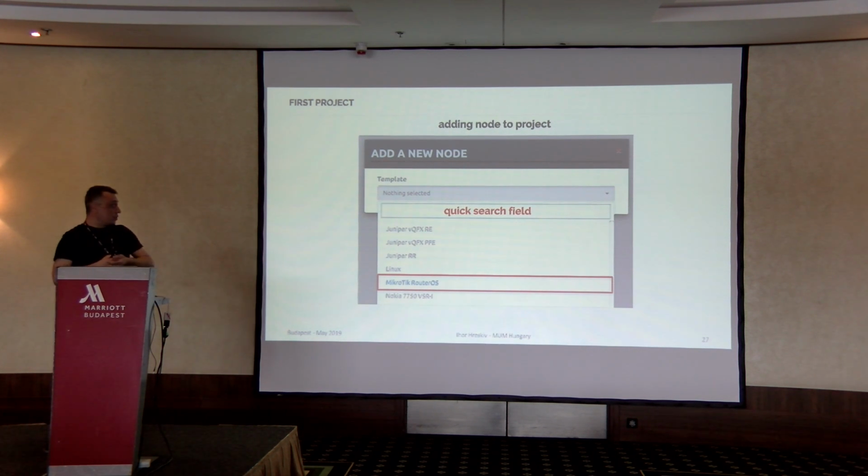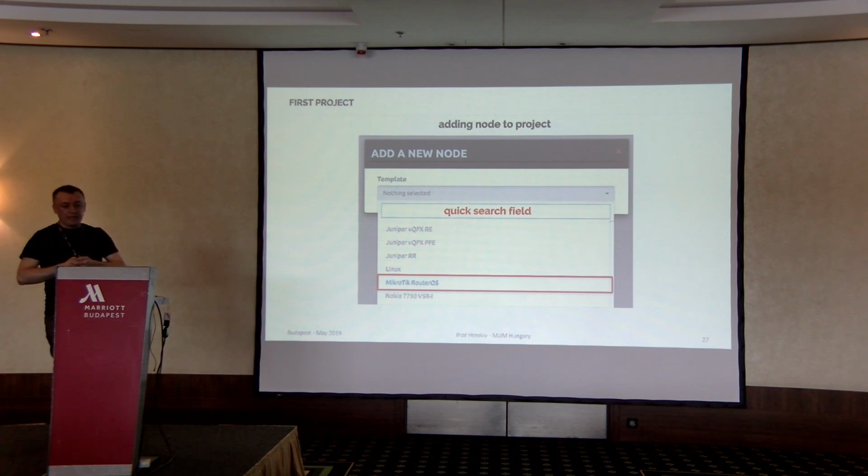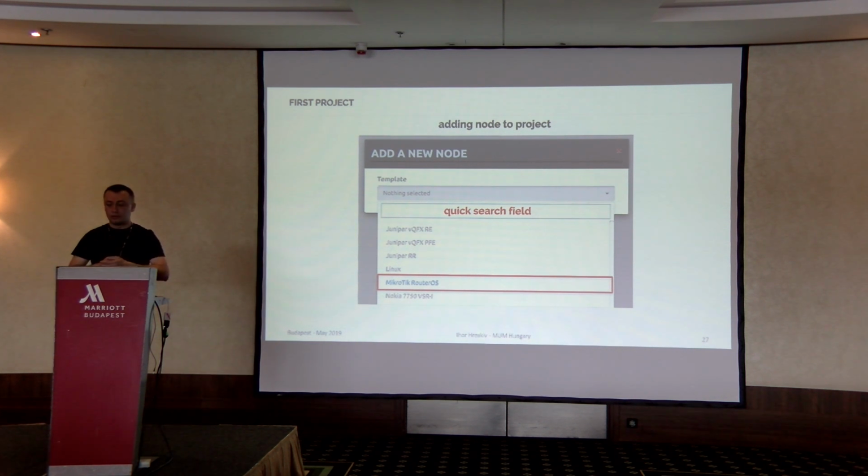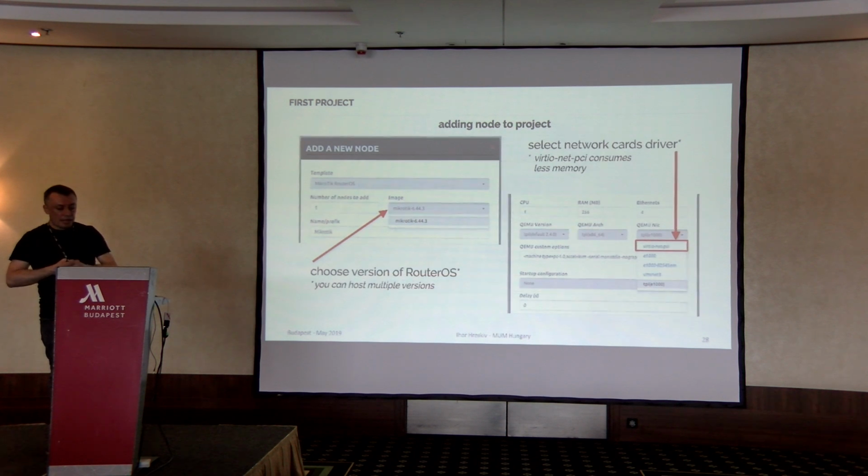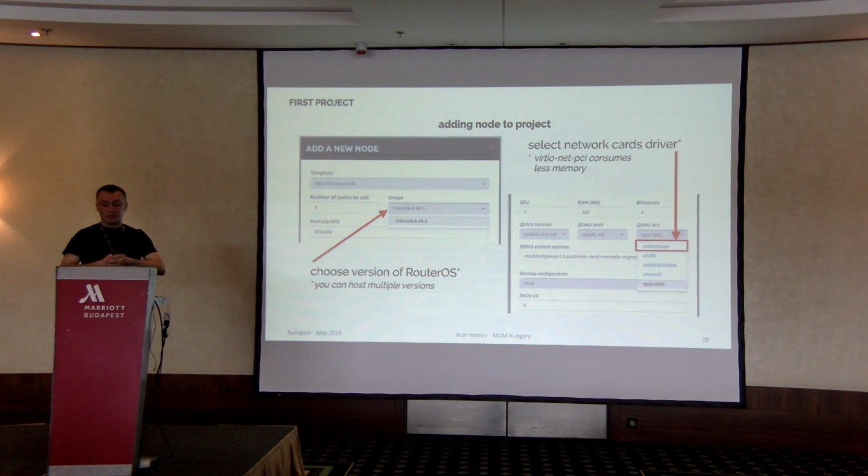Adding a node to a project is simple: you click on add node, and you can find it with the quick search field, or scroll down to MikroTik RouterOS. Select the version of the image you will use in your project.